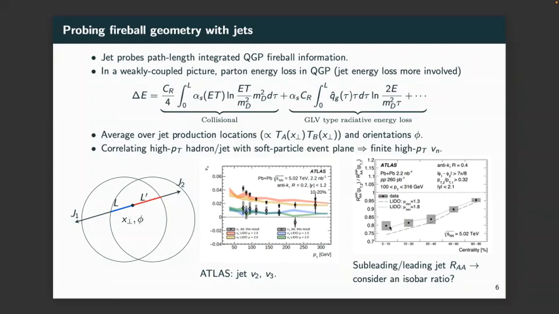leading-subleading jet ratios. So the information contained in this is the distribution of the path lengths that you can get in this overlapping area. Of course, I haven't done a further study to see how sensitive these are to the very small details. But at least experimentalists have demonstrated that this is how they can cancel many of the uncertainties.